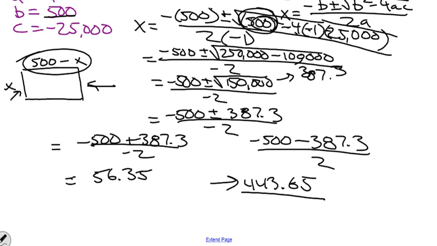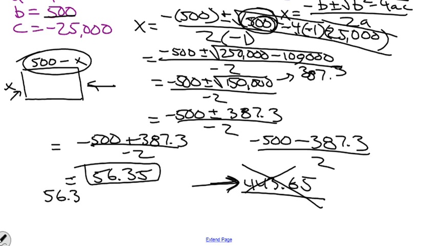Well, wouldn't that kind of make this the length then, and the other one the width? It's kind of understood that the width is usually the shorter measure, right? So in that case, this doesn't really make sense. And instead, we're going to use this one right here, this 56.35. So let's say it's 56.35 wide, right?